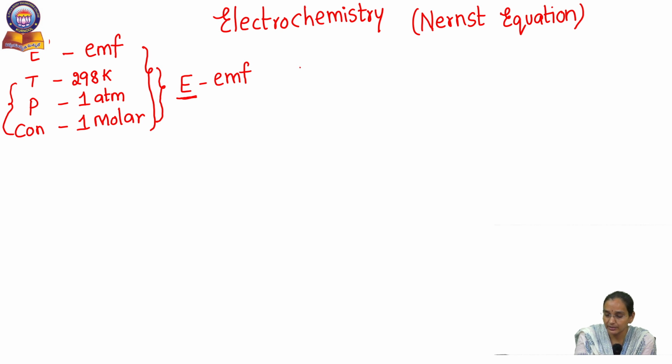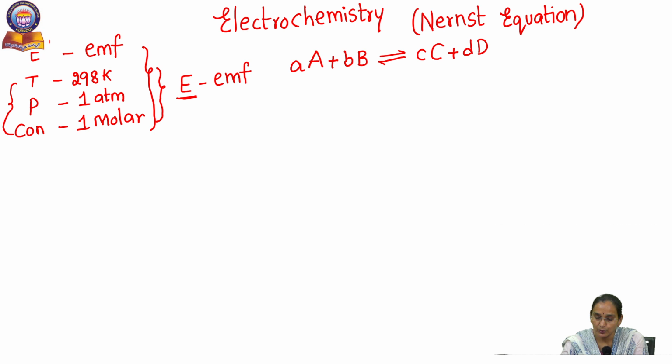If we consider a thermodynamical equation, consider a reaction. a moles of A reacts with b moles of B, and it is in equilibrium, and the products are c moles of C and d moles of D. Already we know the thermodynamic equation: delta G naught, the Gibbs free energy, equals minus nFE naught. The Gibbs free energy equals the product of charge transfer, Faraday's constant, and the EMF of that cell.